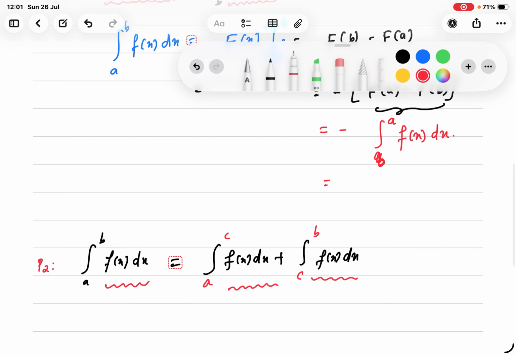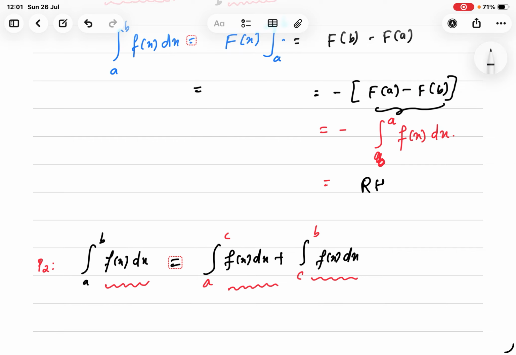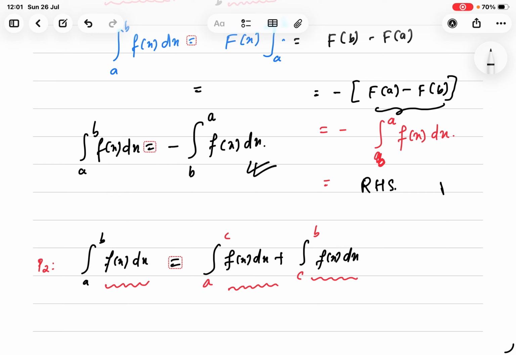Hence this is your RHS, hence proved. Is it clear? So the integral from a to b of f of x dx equals minus the integral from b to a. Whenever you change the range, lower to higher or higher to lower, a minus comes to the integral. You have to remember this. This is also very important.